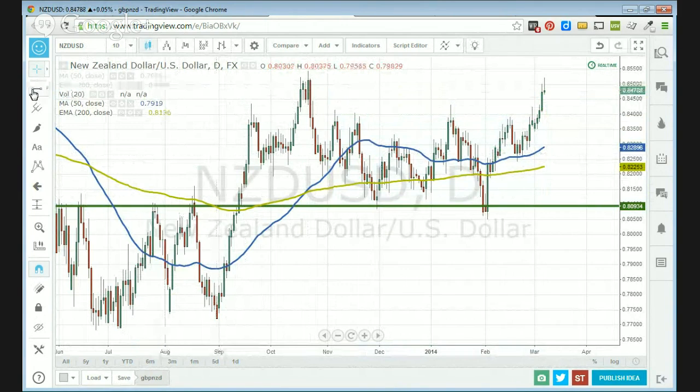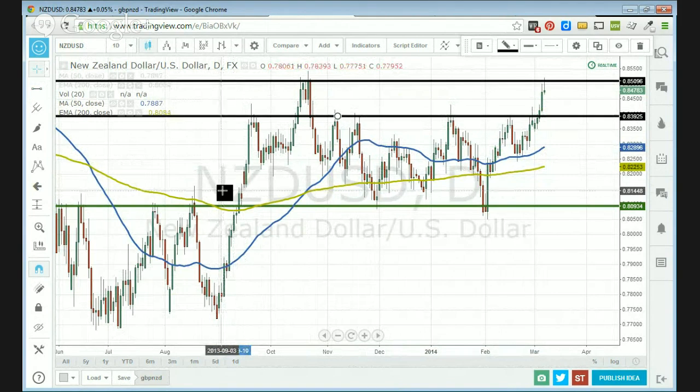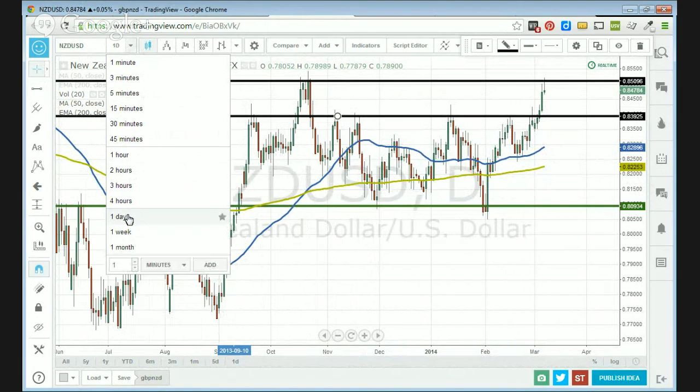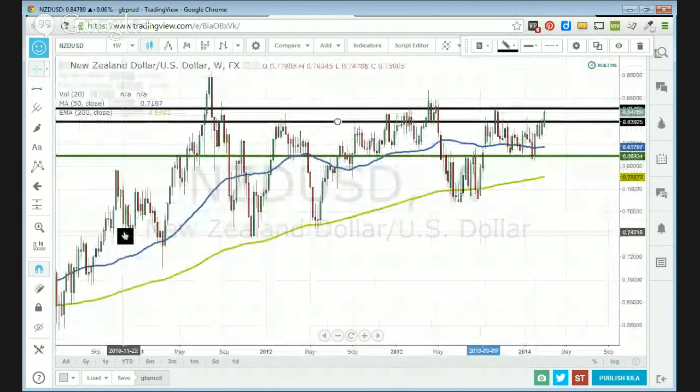Delete all our lines. What sticks out? Right here, right? And right here. Let's take a look at the weekly chart. Now we are still above the 50 and 200 exponential moving averages, but it still looks pretty range bound to me.